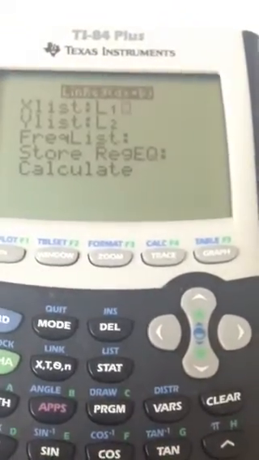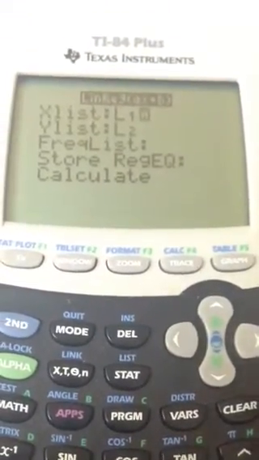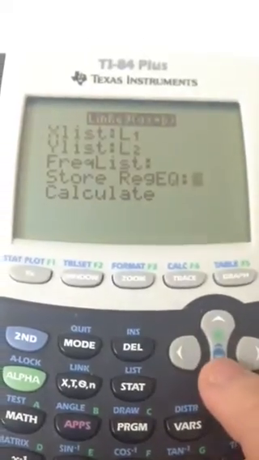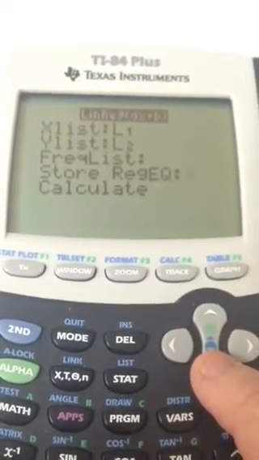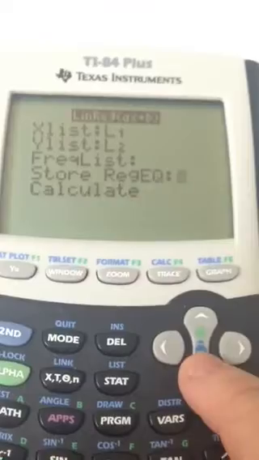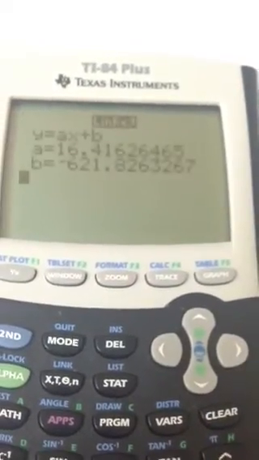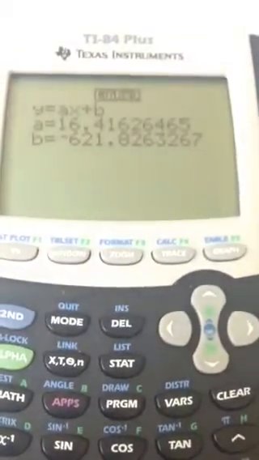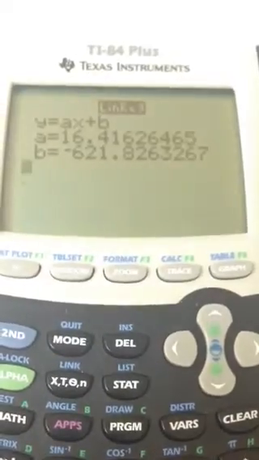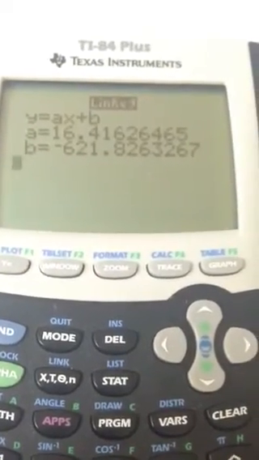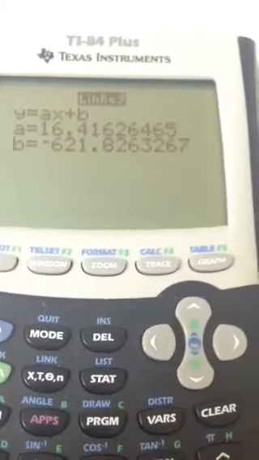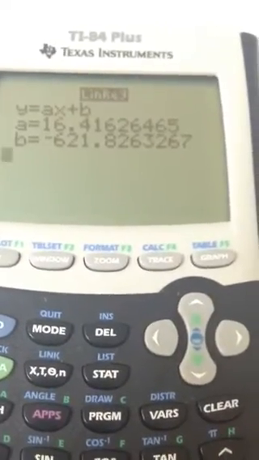My Y list should be L2. For frequency list, I leave that blank. You can do the store regression equation if you want to. If you don't want to do that, you can just go to calculate and push enter, and it'll tell you your regression equation. Y equals 16.4x plus negative 621.8, or minus 621.8.